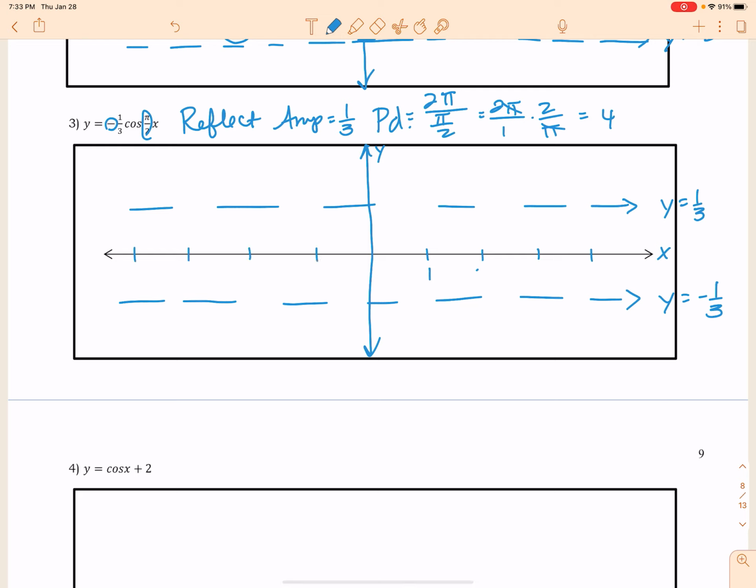And since it's in radians and there are 4 of them, 4 divided by 4 is 1. So each one of these is worth 1 space. And then, of course, we have a reflection. So that means my graph is going to look like this. Easy peasy lemon squeezy.